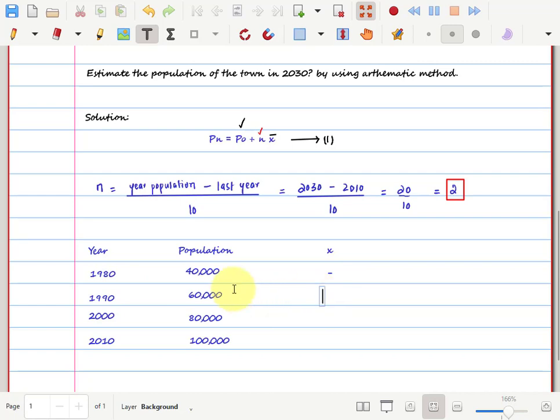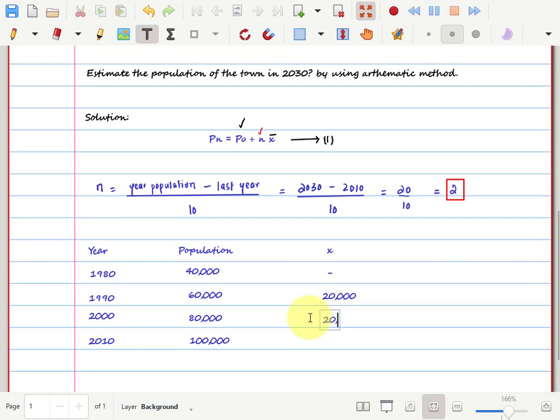In 1990, how much population is being increased? It is going to be 60,000 minus 40,000, right? The increase is 20,000, and in 2000 the increase is 80,000 minus 60,000.